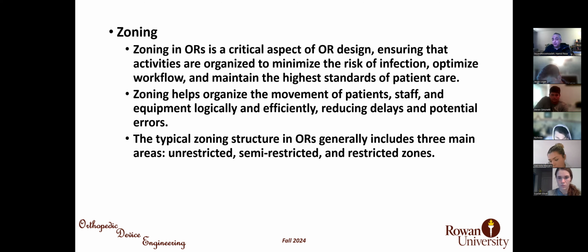For example, you cannot walk in this area with your own clothes, or without a cover on your shoes, or without a hat. But restricted area is the area that a surgery is being performed or the surgical equipments are stored. And in these areas, you need to respect all the rules of sterility.